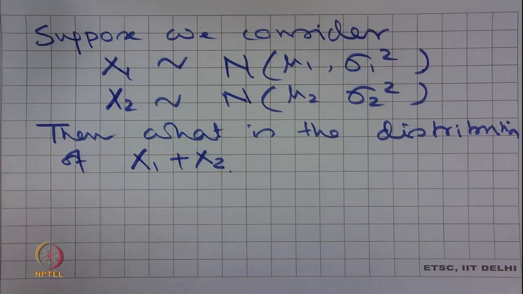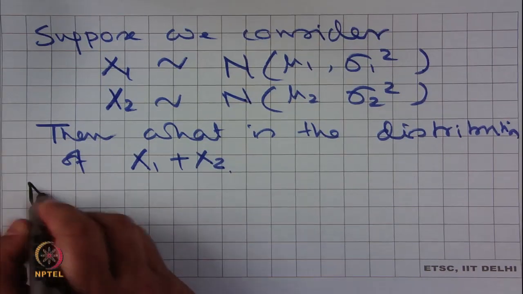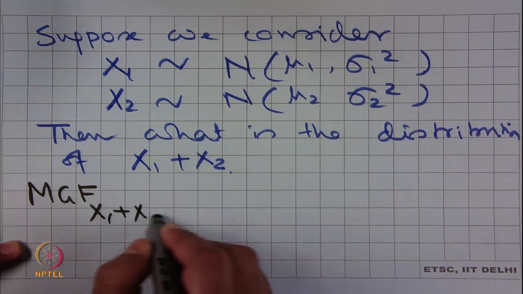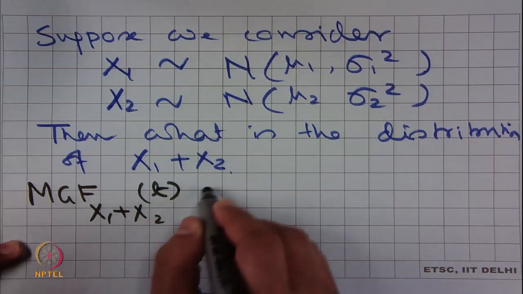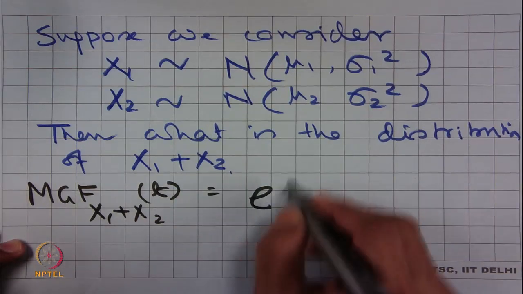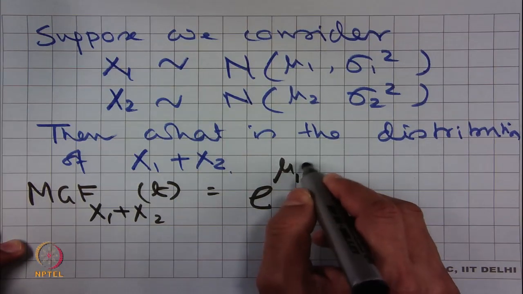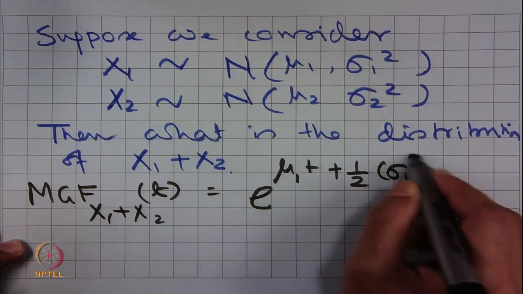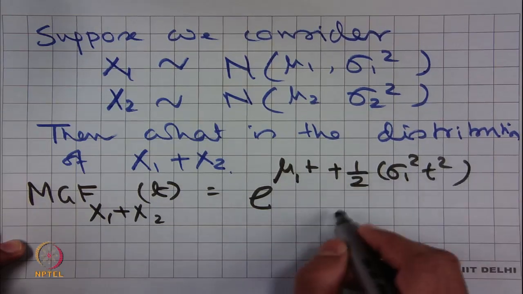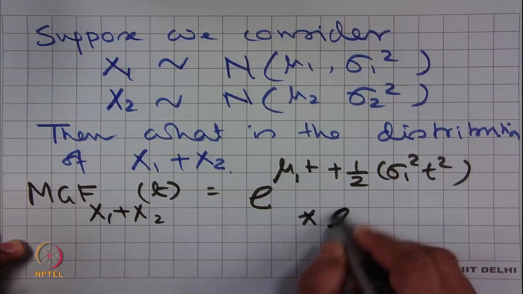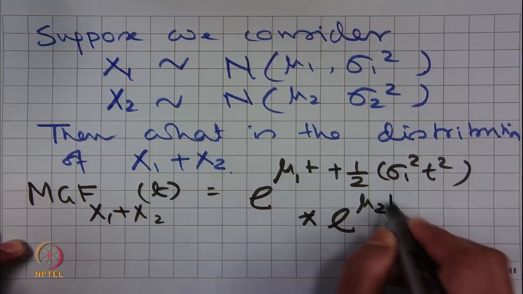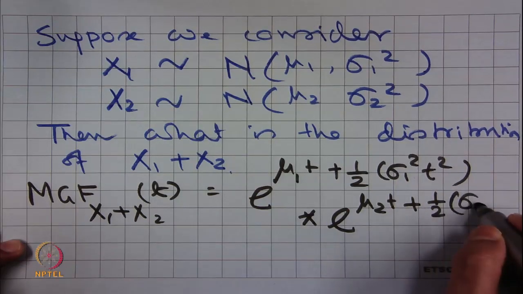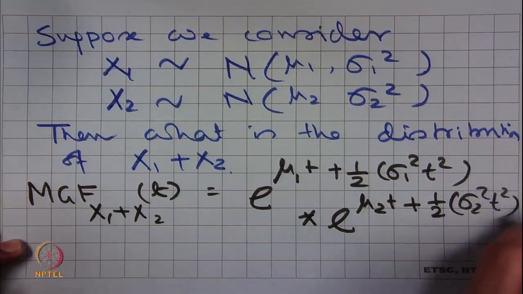As before, MGF of x 1 plus x 2 at t is equal to e to the power mu 1 t plus half sigma 1 square t square multiplied by e to the power mu 2 t plus half sigma 2 square t square.